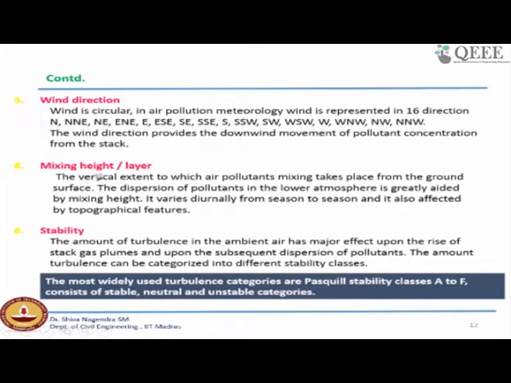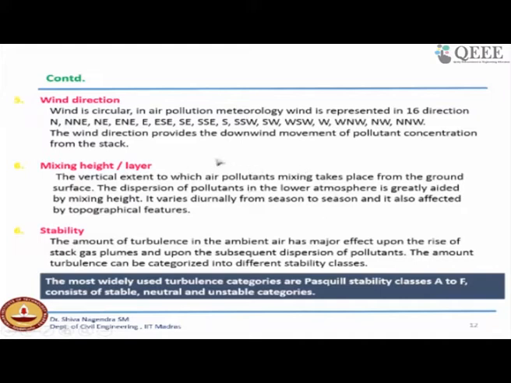The mixing height is another important meteorological variable which plays an important role in determining the concentrations. You all know that mixing height is nothing but the height up to which the air pollutants released from the source will try to move upward. The mixing height will generally be very high during summers and daytime, and low during winters and night time.